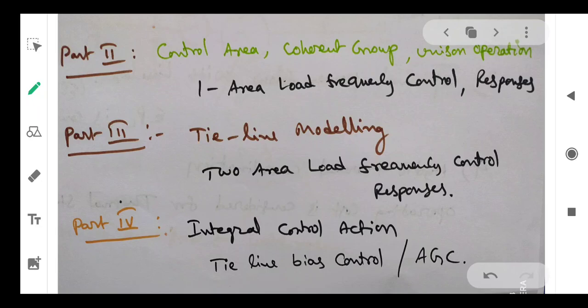In part 3, tie line modeling and transfer function modeling of the two area power system and its steady state and dynamic responses.